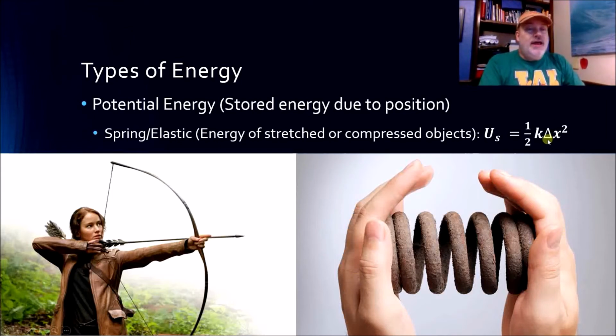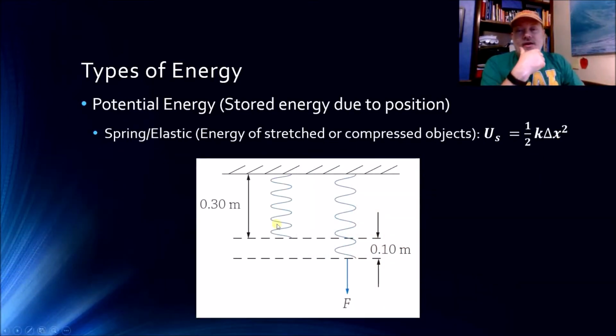That will be 1/2 kx squared, where k is a spring constant that we learned before in forces, and delta x is the distance it is from its original position, original shape, how much it's stretched or compressed or bent. So you can see that here, our delta x will not be this. This is the original length, 0.3 meters of the spring. So our delta x will be how far we stretch it from that spot when we pull it.